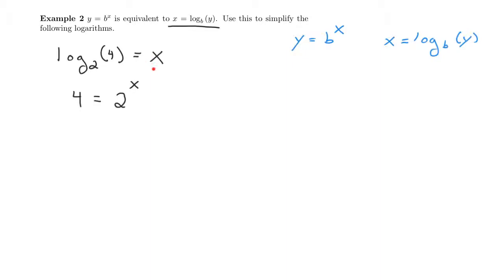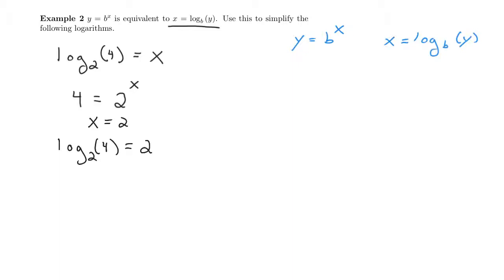This goes in the exponent, and this goes outside, and I'm just trying to think of, what number makes this a true statement? Oh, I know x is equal to 2. What this means is that log base 2 of 4 is 2.